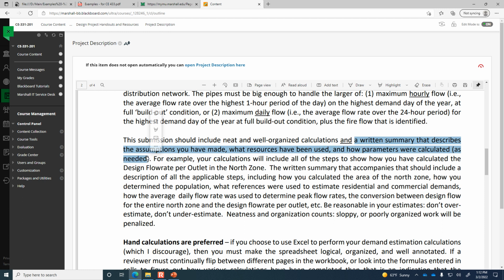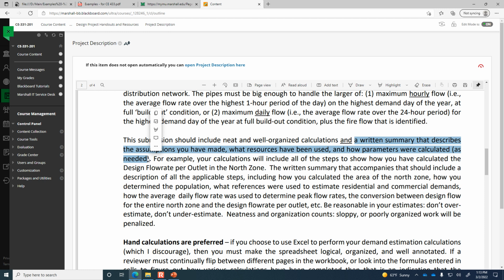So for example, I should be able to find in that written summary what you assume is the per capita use for each person in the north zone. I should be able to find in the summary how you've calculated your golf course flow rate. Like what kind of watering assumptions have you assumed for that? You know, your assumptions behind the demand at the food processing plant and so on.